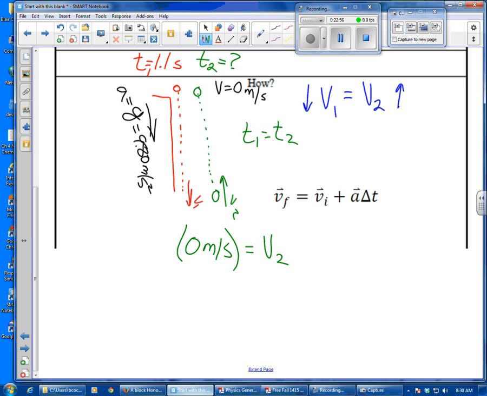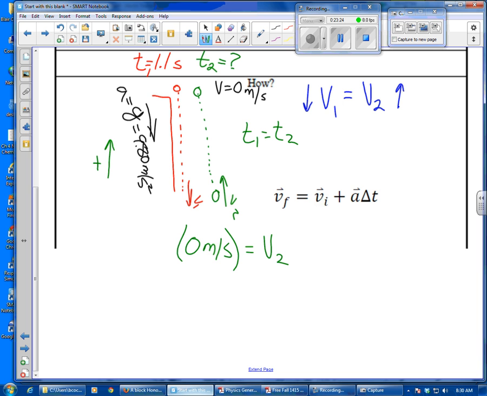Is V2 going to be positive or negative? Well, we forgot to define positive and negative. Which way do you want to define as positive? Well, okay, we can say 0 is at the ground, but which way is going to be positive? Up. Get you guys adventurous and say positive is down. Okay, so is V2 going to be positive or negative?